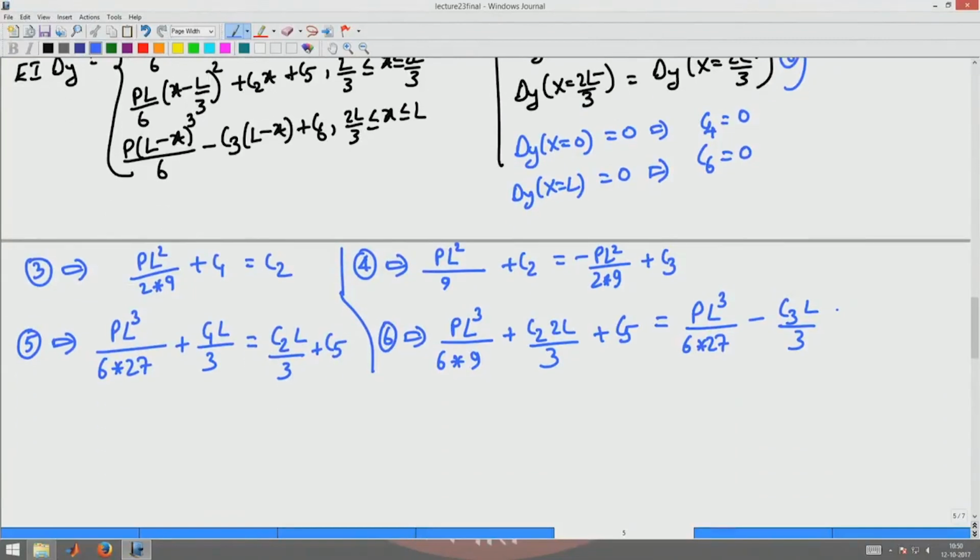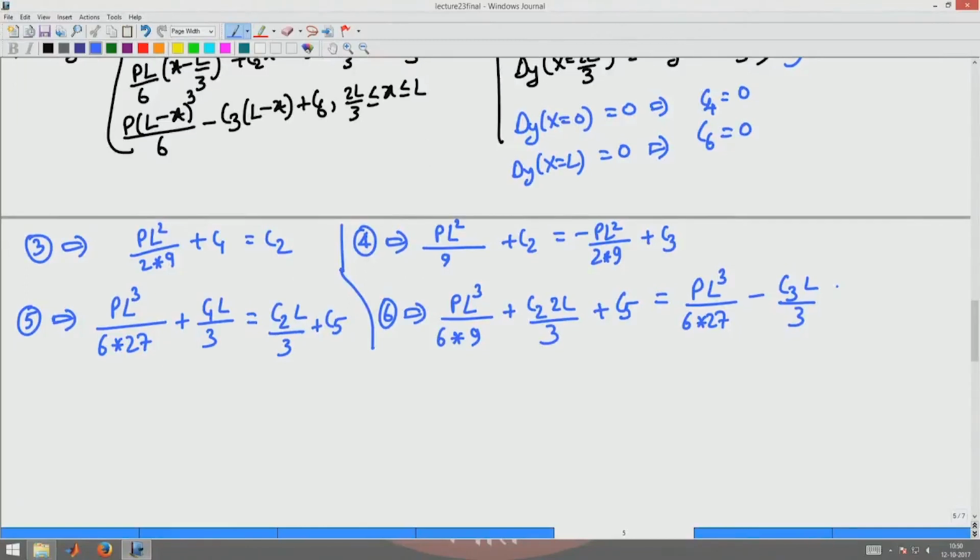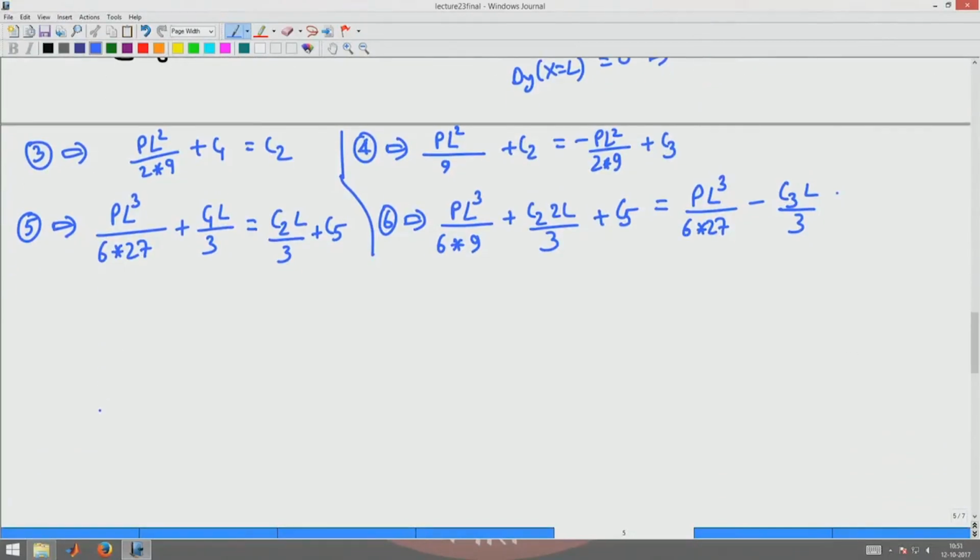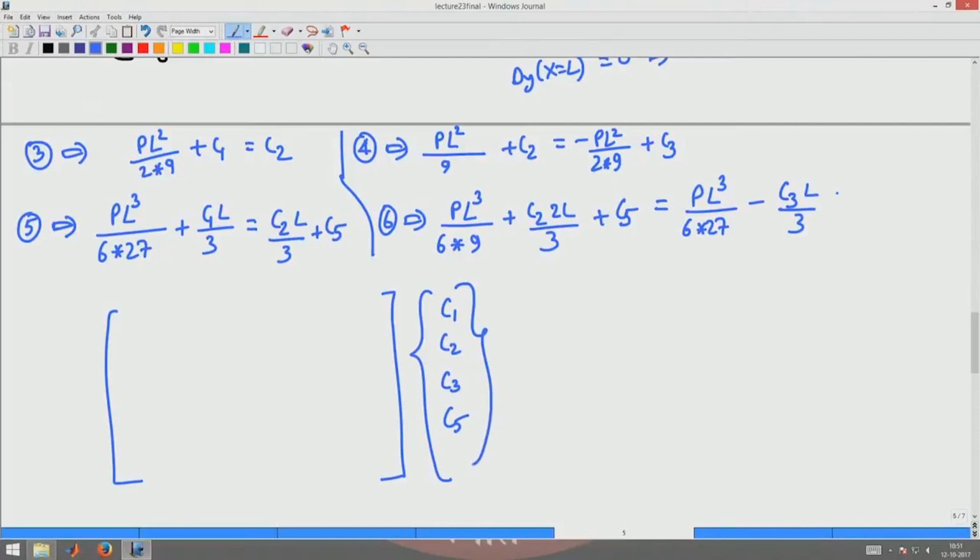Now, these are linear equations involving 4 constants C1, C2, C3 and C5. I have to solve the system of linear equations. If I solve it, I will write it in the matrix form and then I will ask you to invert and solve it. So, C1, C2, C3, C5 are the constants.